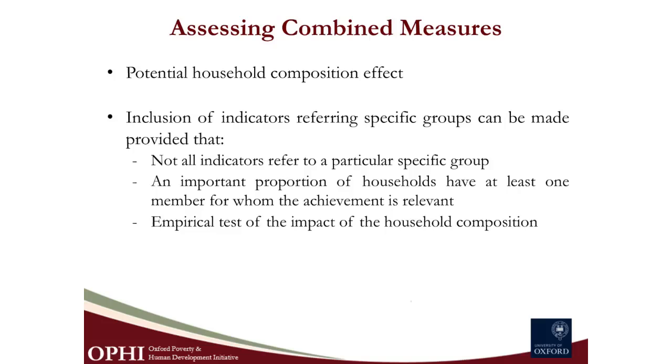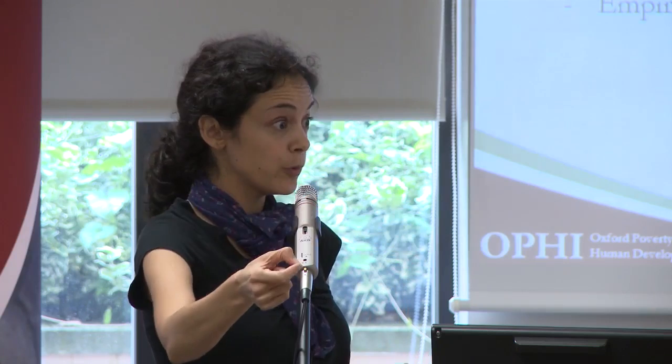What's the problem with combining information from different subgroups of the household? If I include an indicator of school attendance and assume that every household with no children in school is not deprived, then the probability of a household being poor or non-poor may depend on the demographic structure of the household.